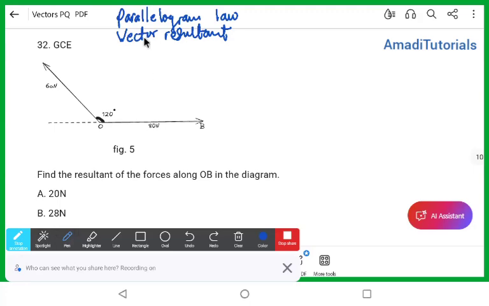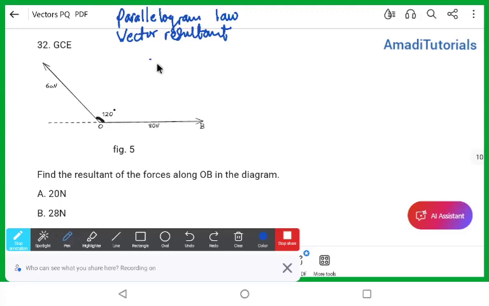parallelogram law. Parallelogram law says if you have two vectors acting on a body or at a point, their resultant can be represented in magnitude by the diagonal of the parallelogram formed by the vectors. So what kind of parallelogram have they formed?